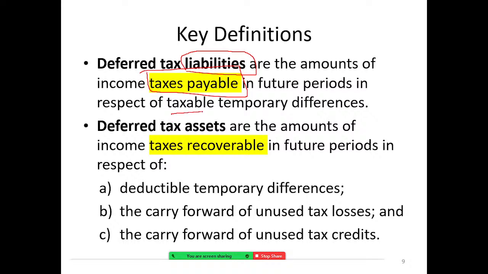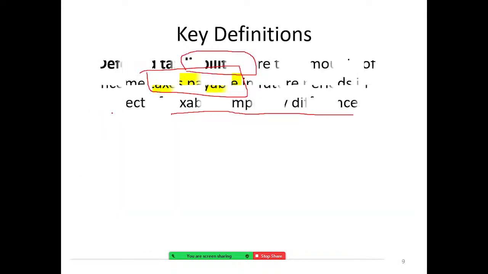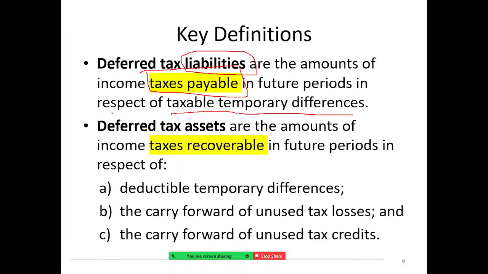Here it's due to what? Taxable temporary differences. So taxable temporary differences cause deferred tax liabilities.